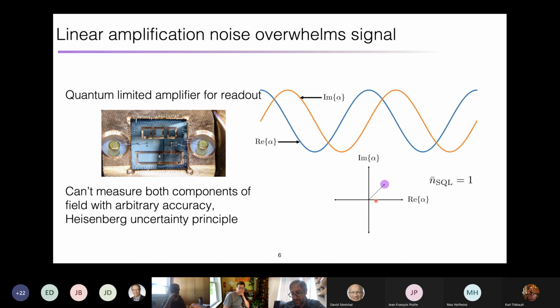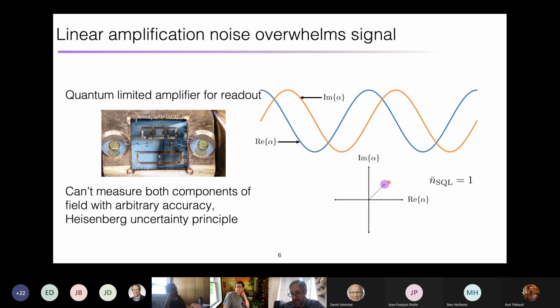What that is: if you think of the electromagnetic field as having X and P, for example, then there should be an uncertainty of h bar. You can represent that by having a blob here. And what that basically means is that when you amplify, you are stuck adding one extra half photon of noise.